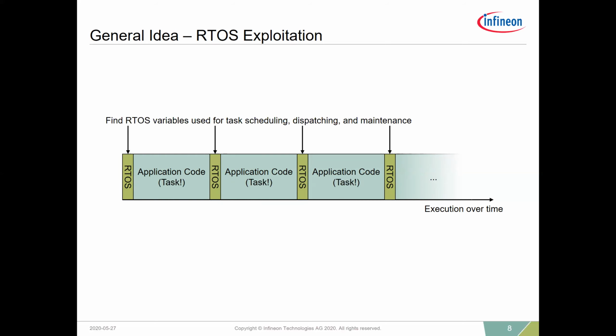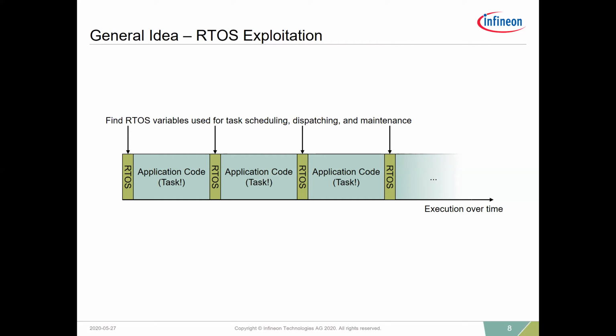In the second step, we try to identify a so-called context switch descriptor within the RTOS routines that is used for task scheduling, dispatching, and maintenance. With this, we can verify on one hand that this is really the task set, and on the other hand, we can use it for the monitoring itself.